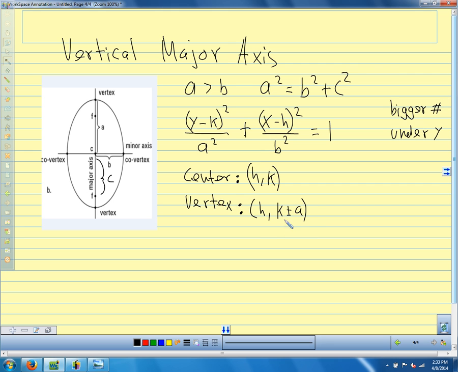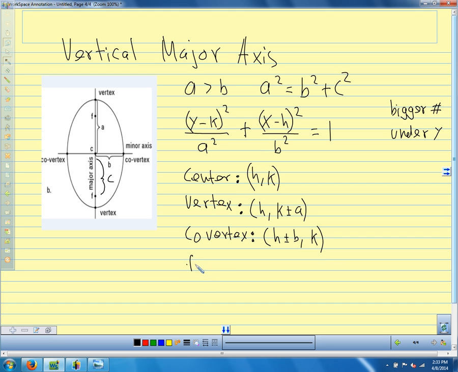I'm moving up and down now. The co-vertices: B tells us to move left and right to get to my co-vertices. So my co-vertices are going to be (h plus or minus b, k). I'm just moving left and right.